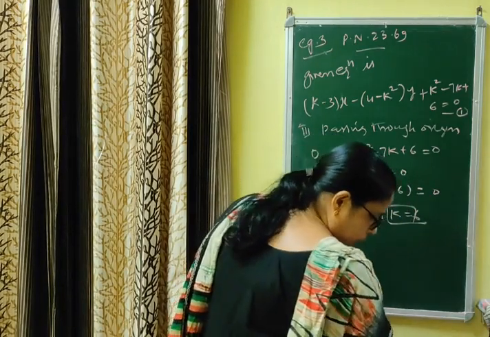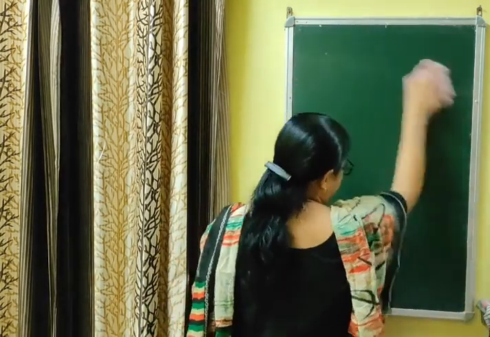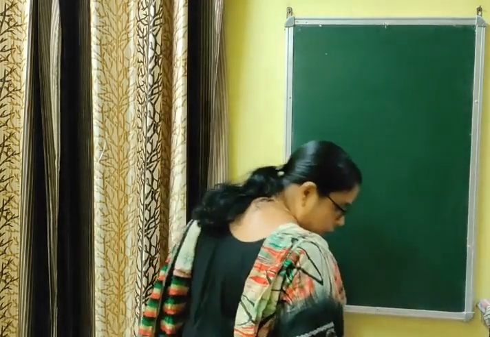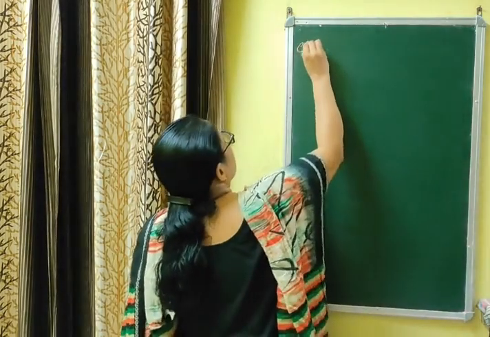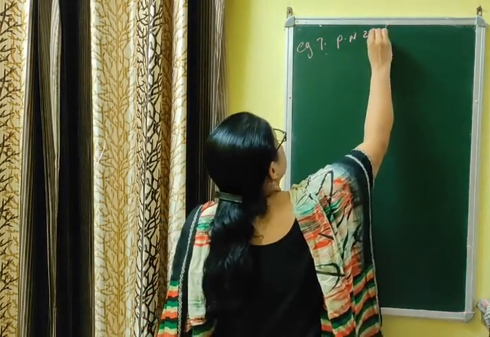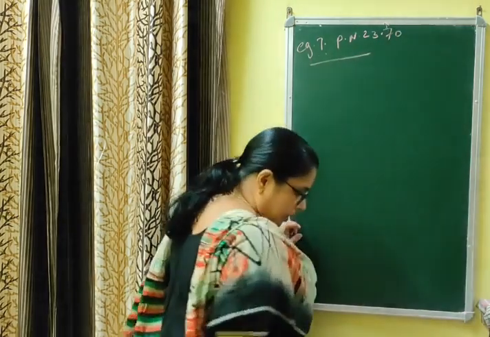The next question that we are going to do is a little bit difficult, a little bit of a brain teaser. Open the page number 23.70, example 7. First of all, let me read the question.